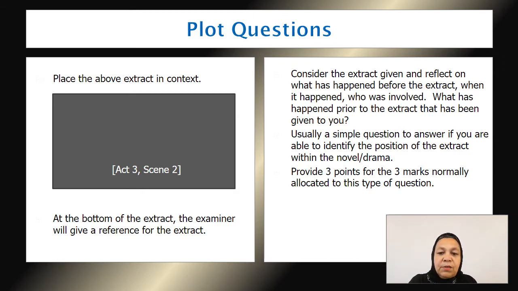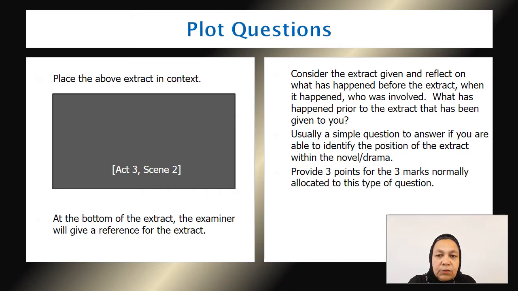And as mentioned in the previous slide, at the bottom of the extract, the examiner will give a reference for the extract. So you must know your plot of your drama or your novel, whatever it may be. When you are given an extract, you reflect on what has happened in the extract, when it happened, who was involved, and what has happened before this extract.